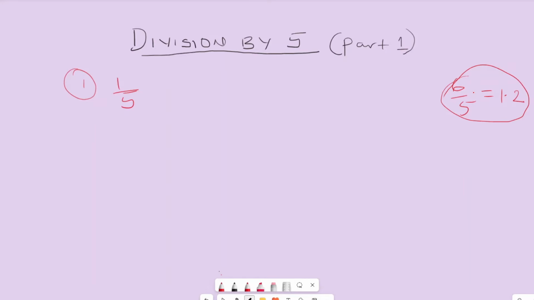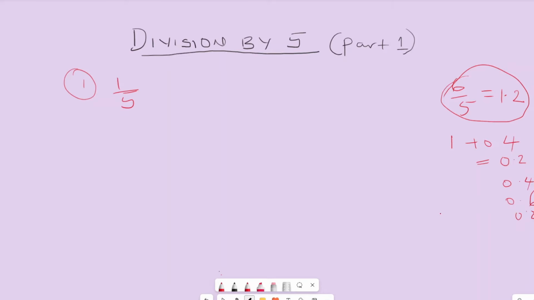So the idea I'm selling here is numbers from 1 to 4 are going to give us a 0 point a certain number. It could be 0.2, 0.4, 0.6, or 0.8.